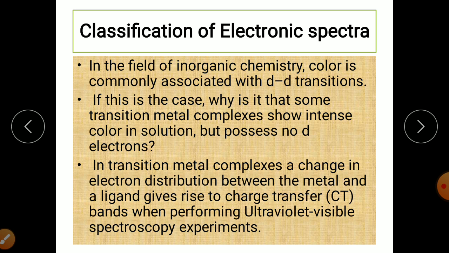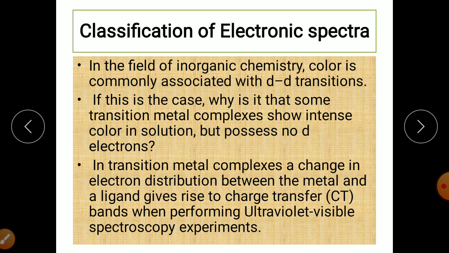But in some cases, transition metal complexes show an intense color in solution but possess no d-d transition. Means without d-d transition, some of the inorganic compounds are colored.